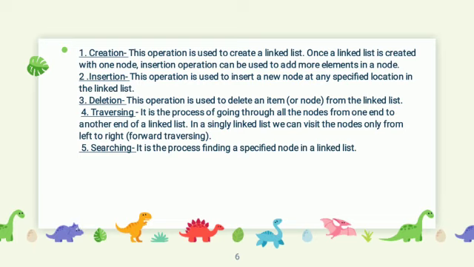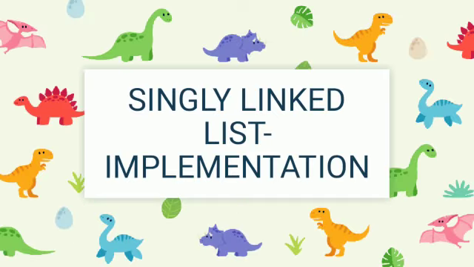The next operation is traversal. It is used to display all the elements present in the list. The last operation is searching. It is used to find the position of a given element in the list. That's all the singly linked list operations.